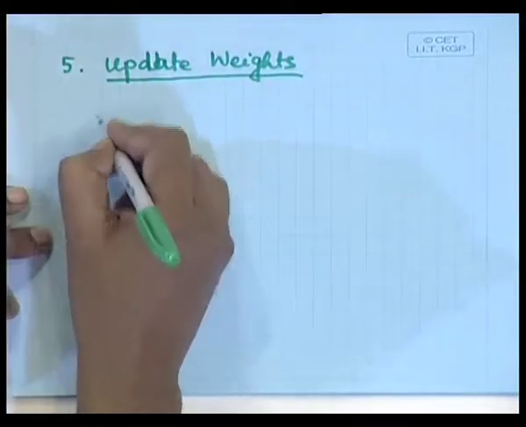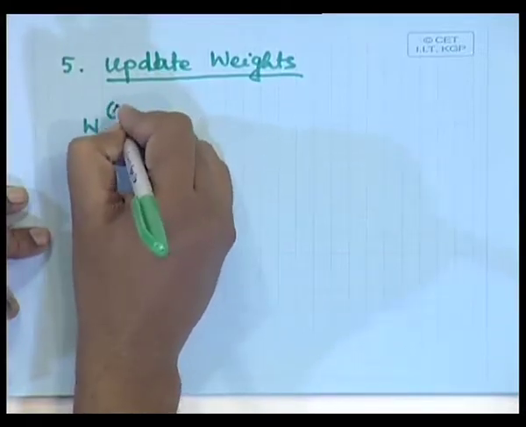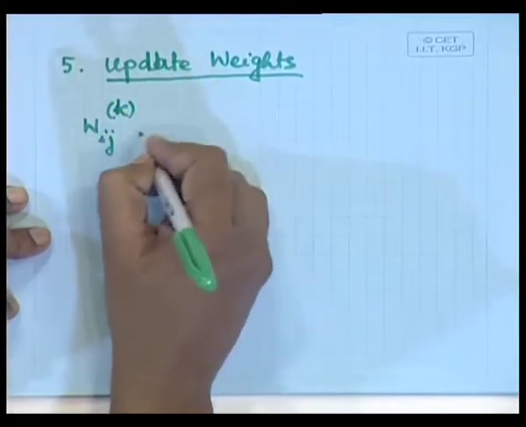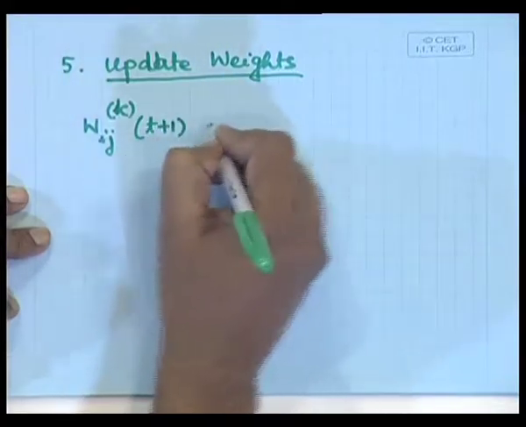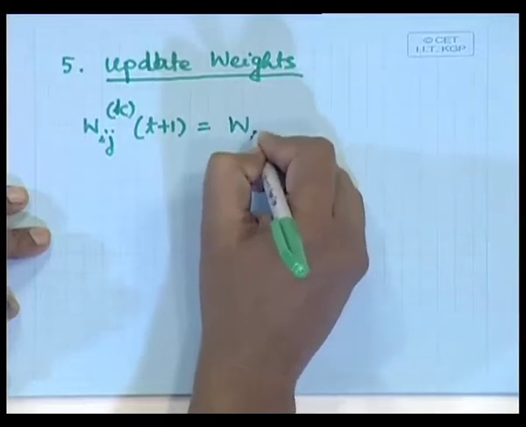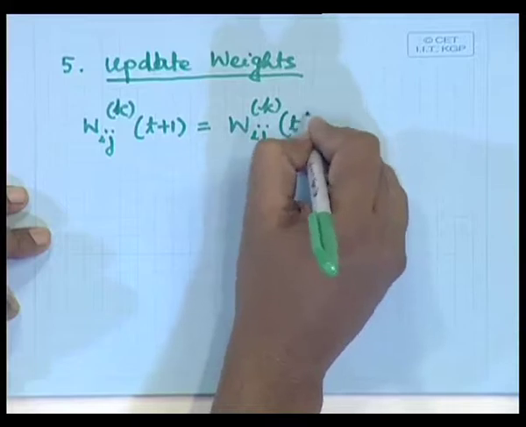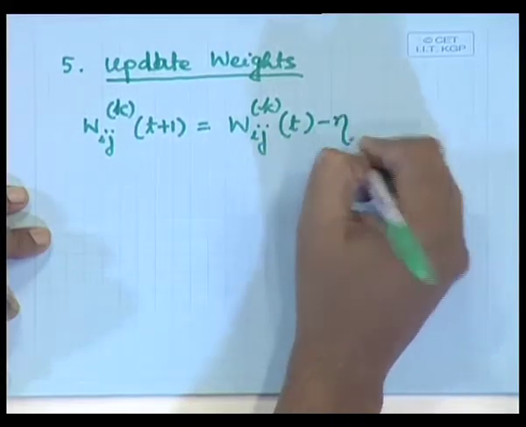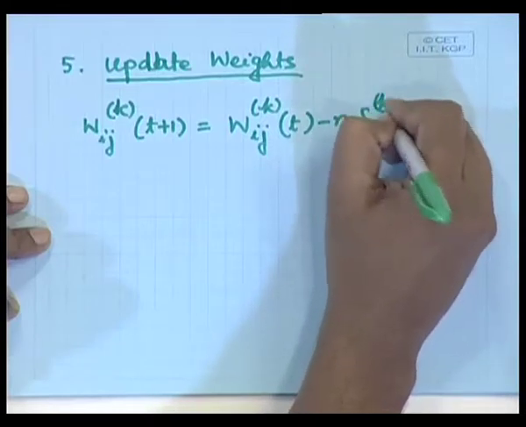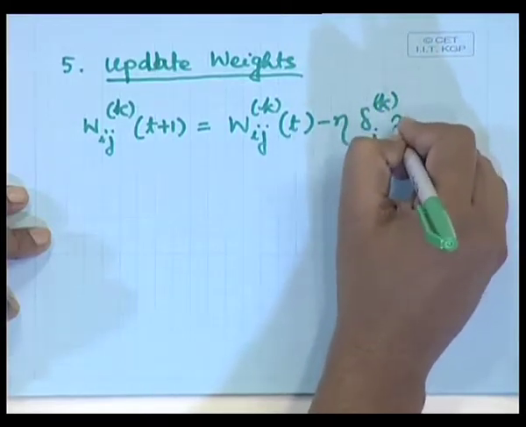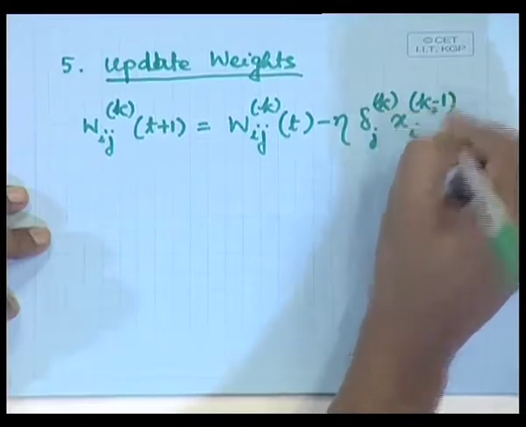And that weight updation is simply w I j k at t plus 1 will be equal to w I j k at t minus eta times delta j k into x I k minus 1.